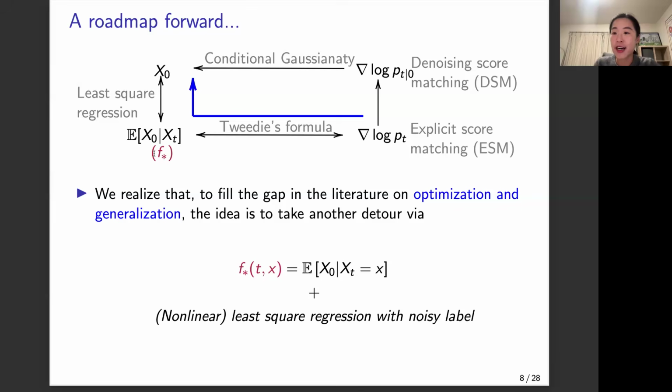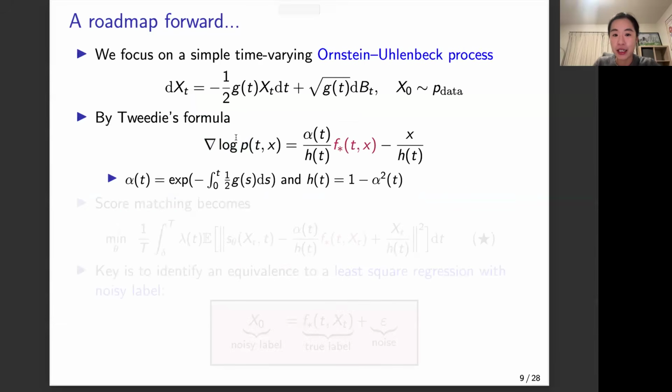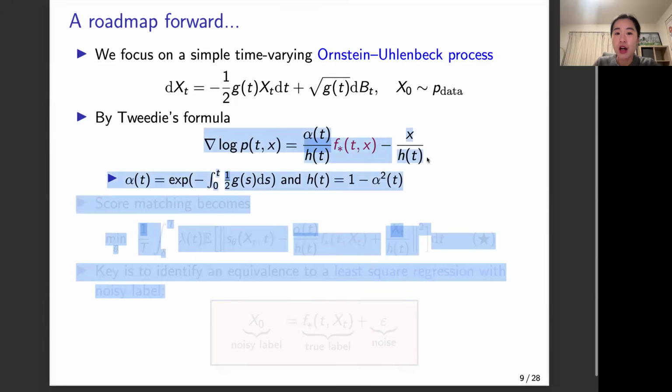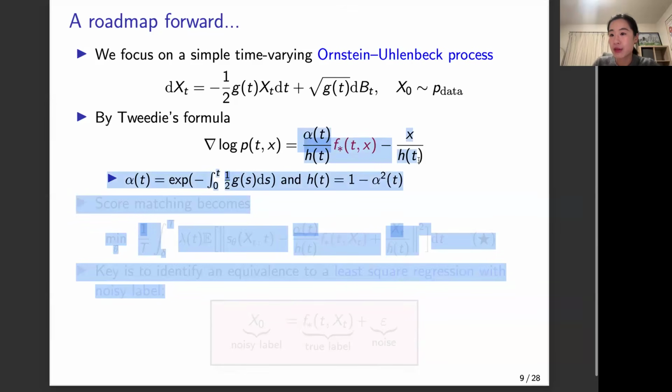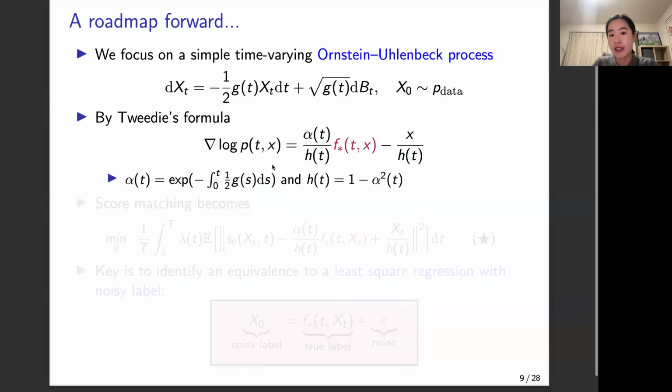Statistically, there are studies that can help us do that once we build up this connection. But this doesn't hold true for very general SDEs. For more general SDEs, if we apply Tweedie's formula, the result we get will be more involved, and the analysis we have heavily relies on this linear relationship between gradient log p and f star.